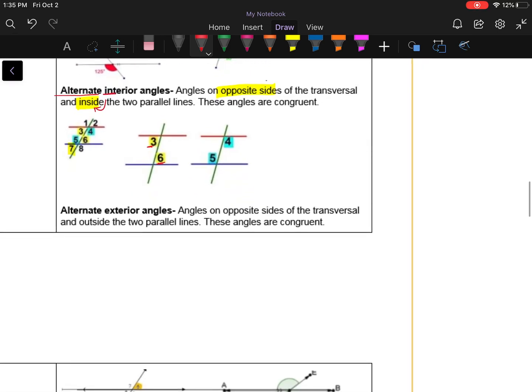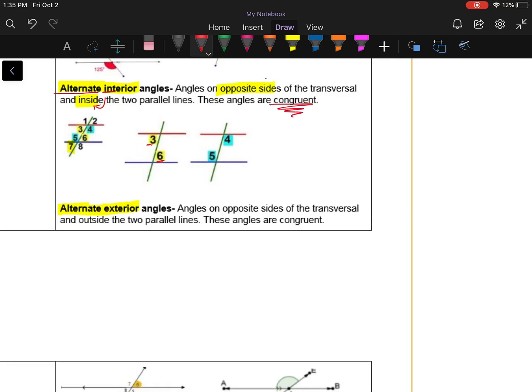Looking at just the vocabulary and knowing what each of these words mean, alternate and exterior and interior, you'll be able to determine which angles are each of those. And those guys are congruent as well, as are these.